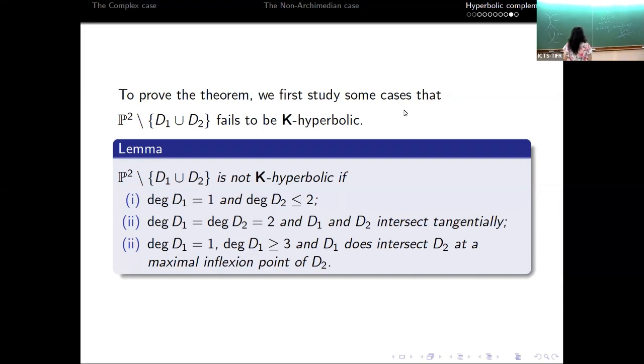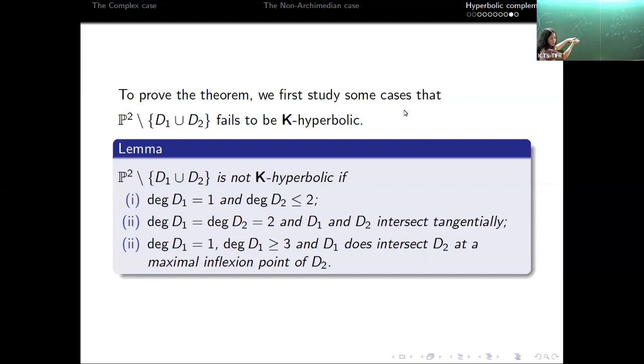If we have 2 lines, D1 and D2, we can always find one map such that the image of F is a line, and only this one point is the intersection point.